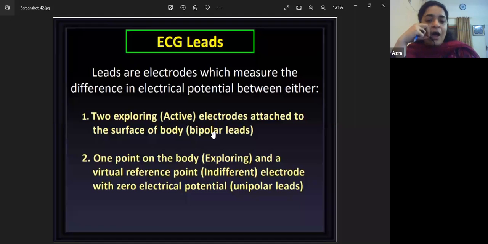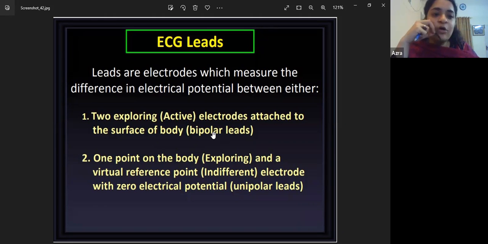Okay, here is a unipolar. Why? Because electrode with zero electrical potential means no current is passed when you attach the leads to the patient, to the body. So there is no electrical potential, no electric current passes. So this is called unipolar.